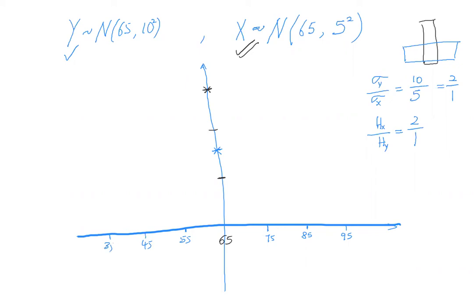Here is 70, 75, 80. Do you know why I write it in black? For X. Yeah, for X.